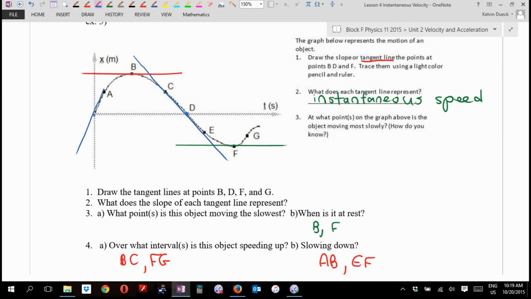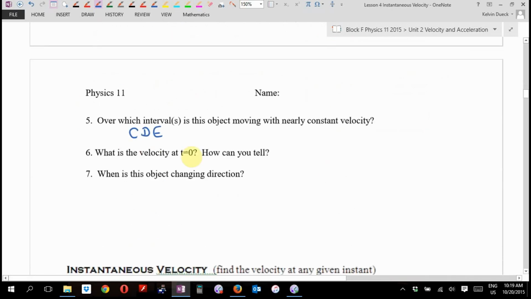I'd need some graph paper and I need numbers to actually go rise over run, Courtney, but once I draw the line, I could. Is that okay? So how can you tell? Extend the curve, assume it keeps going straight. I can definitely tell you that at time 0, the velocity was positive. We were moving forwards.